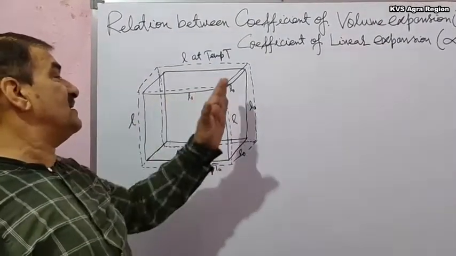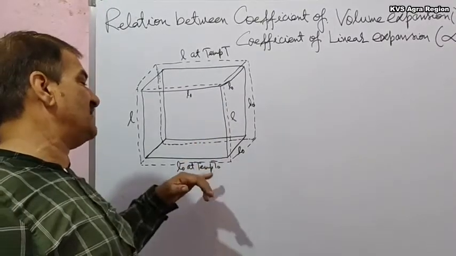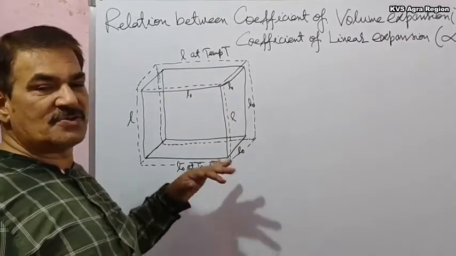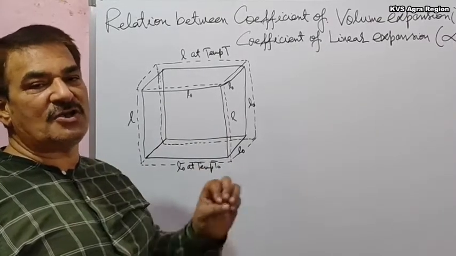So initially the cube had all its sides of length L0, so its volume at that time is L0 cube.